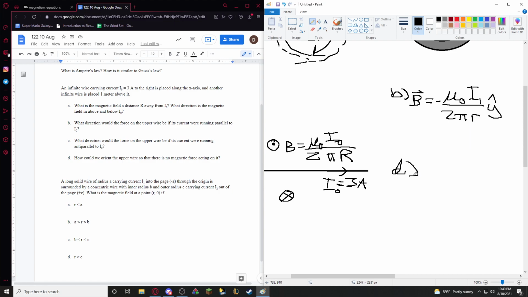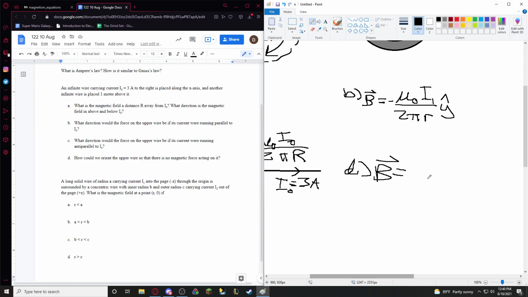That should be mu naught times I2 minus I1 over 2 pi r. And is it a positive or negative y hat?